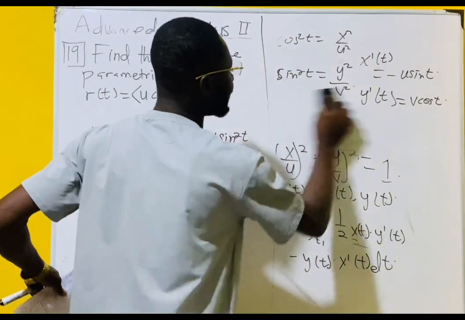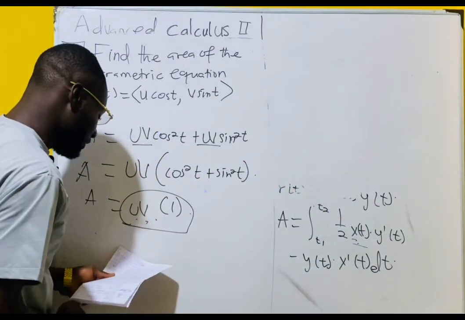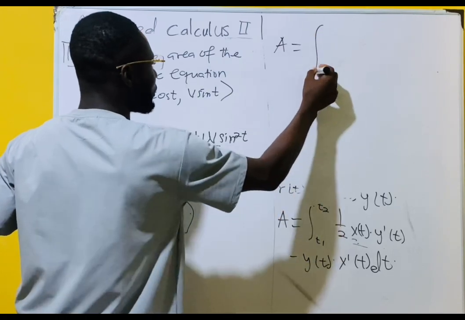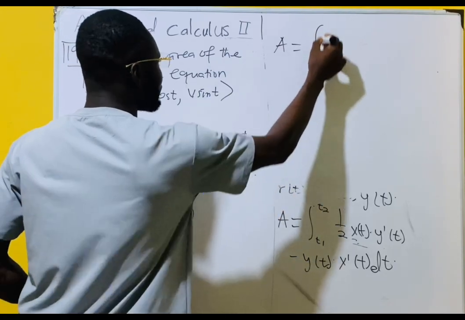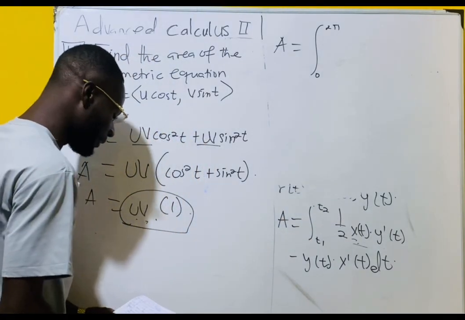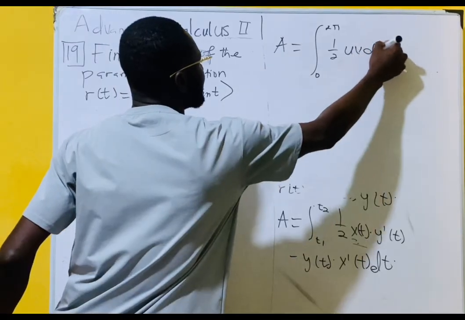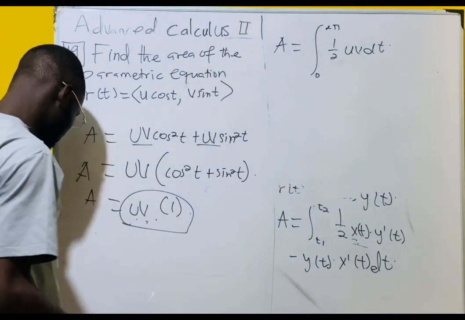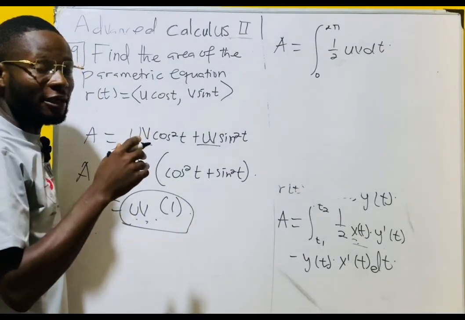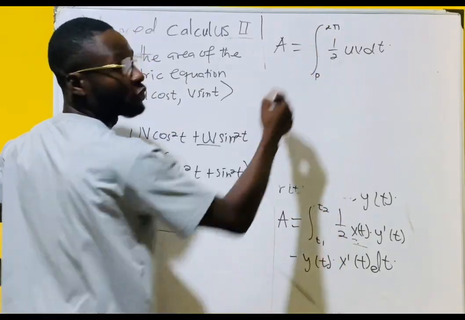So now we are going to take the integral. We're going to have our area equal to the integral from 0 to 2 pi of half uv dt. We are using this for a full cycle, and you know that a full cycle is from 0 to 2 pi.